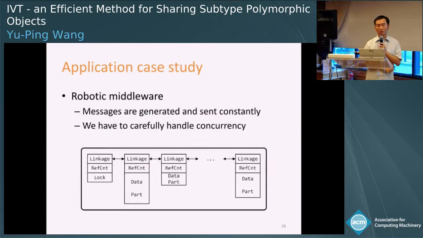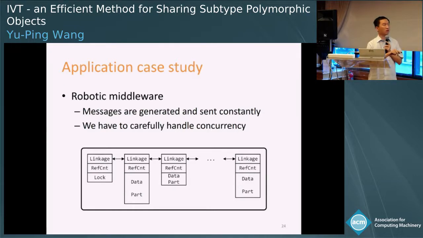Okay, the third application scenario is robotic middleware. In these situations, all kinds of messages are generated and sent constantly. We have to carefully handle their lifetime and concurrency.